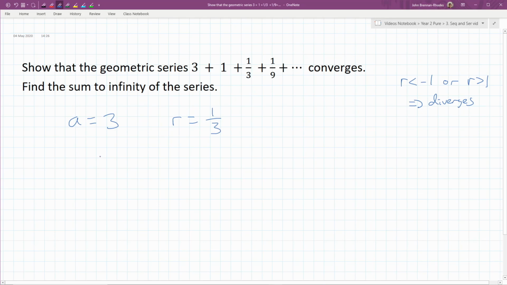And if we've got A is 3 and r is a third, we can say that S infinity is equal to, well, we know the formula is A over 1 minus r, which is 3 over 1 minus a third, which is 3 over 2 thirds, which is equal to 9 over 2. And if you test it and keep adding that up, you'll see that it gets closer and closer to 4.5. You can try it on a calculator to see that it would be the case.